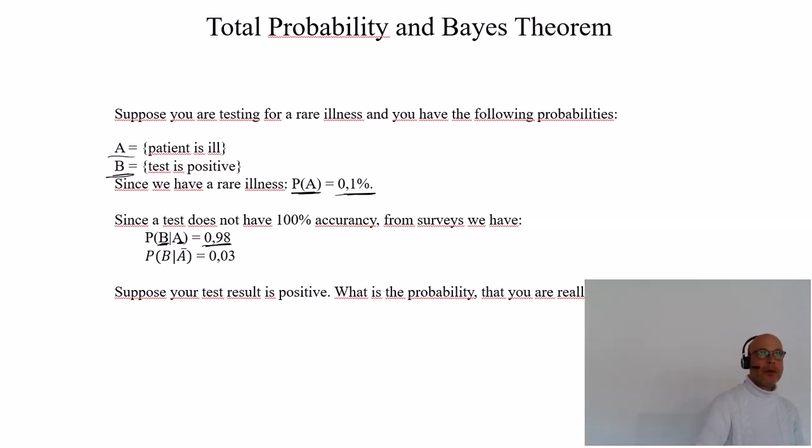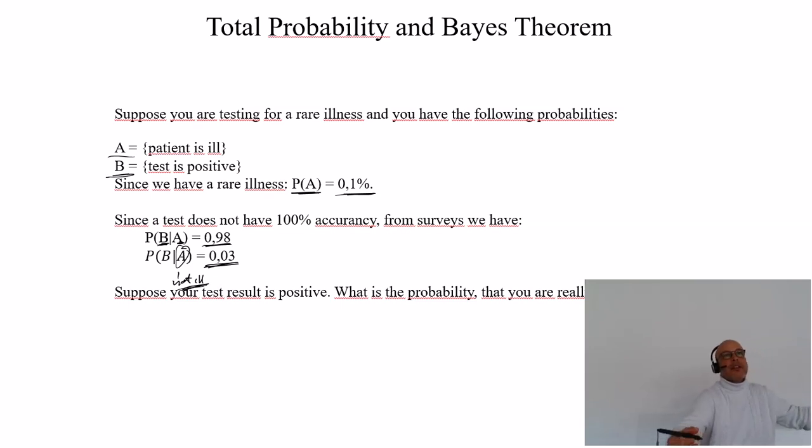But we also know that we obtain this red line in 3% of all events. But here, A bar means not ill. So we obtain a wrong result in 3% of the cases.